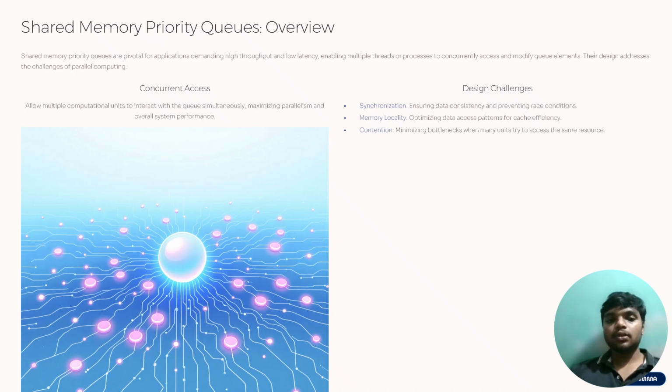Now we are going to see the soft discard level. It discards low priority messages when the queue reaches a threshold, for example 70% full. It keeps higher priority messages and maintains responsiveness.